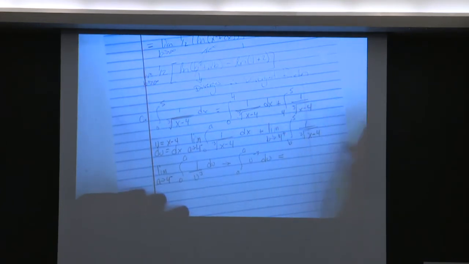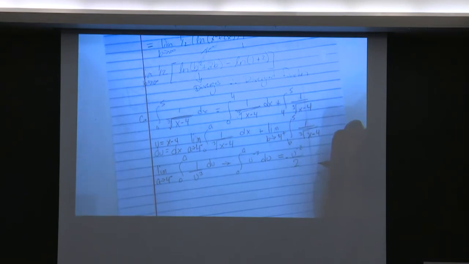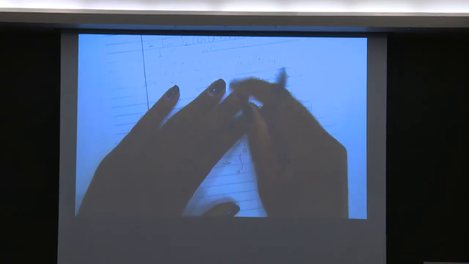Add 1 and divide by it. So that gives me u to the negative 2 over negative 2. Yeah, you're right. I did something wrong. Wait.